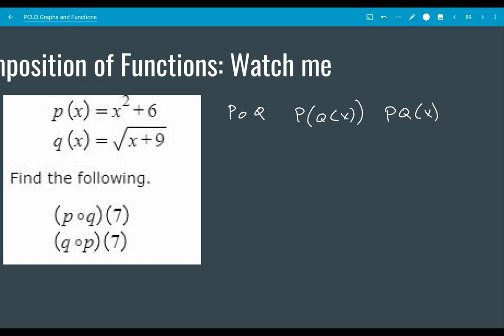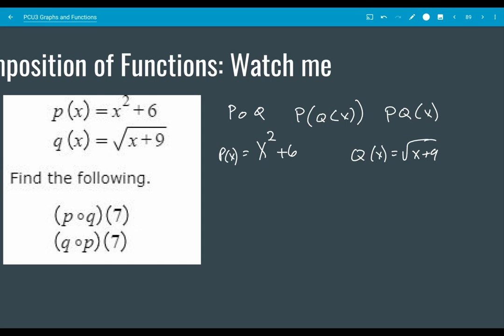What that means is we're going to take Q of x, and everywhere we see an x in P, we're going to put Q of x. So we start with P of x, which is x squared plus 6. And Q of x is the square root of x plus 9.